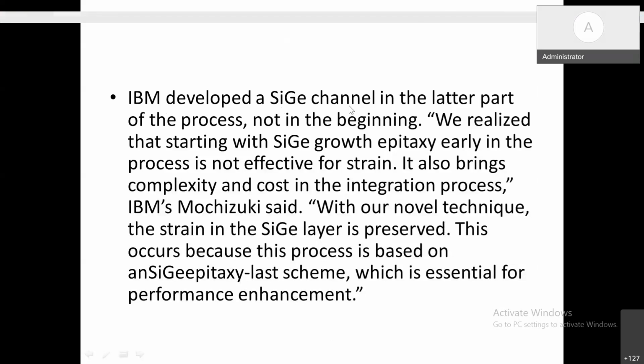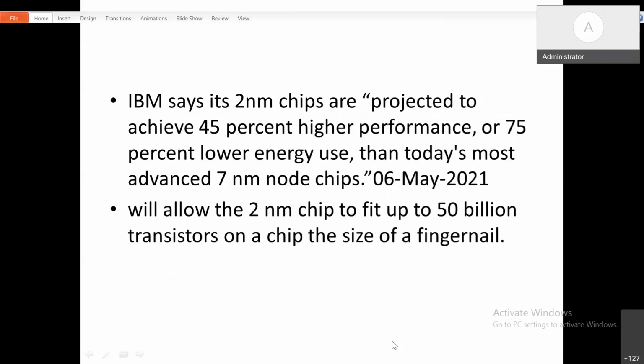IBM has developed a silicon germanium channel. On the 6th of May, they projected that the 2 nanometer chips they are going to bring will achieve a 45% improvement in performance and 75% lower energy than today's advanced 7 nanometer.